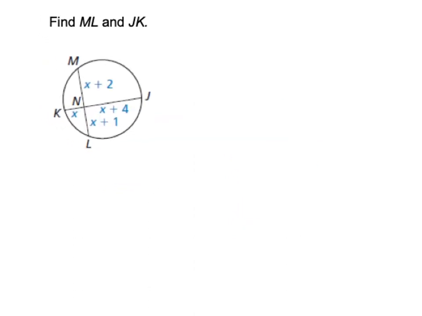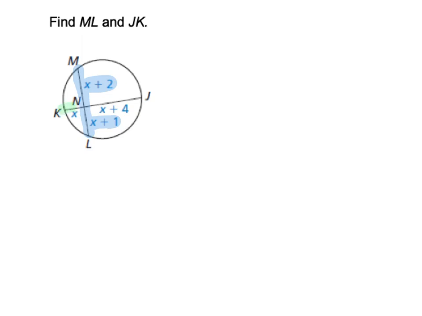Okay, obviously this one's a little bit more involved. It's got several algebraic expressions. So first of all, we have 2 chords that are meeting inside of the circle at point N. Let's identify the parts of the circle, right? So here is one segment, or one chord, and the 2 parts of that chord are x plus 1 and x plus 2.